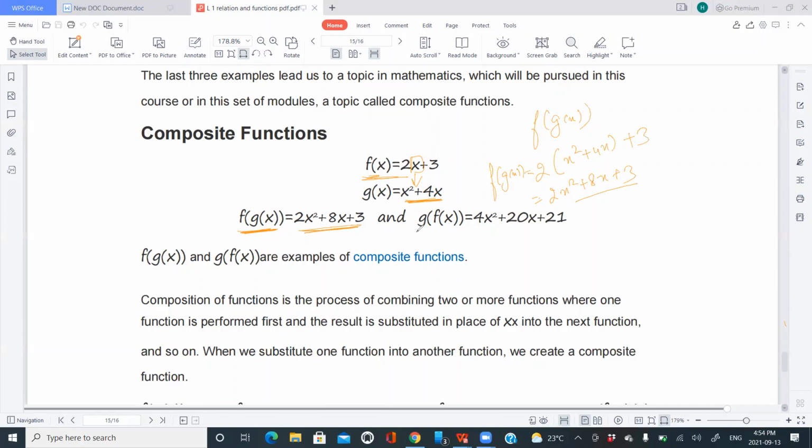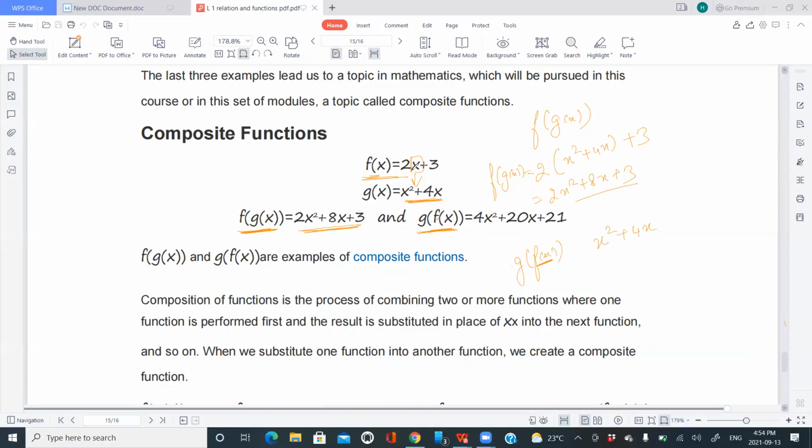But if we find g of f(x), now it's the reverse. Before, in this question, we plugged the g function into the f function. But now we will plug the f function into the g function. What is the g function? It's x square plus 4x. Because I am going to find g of f(x), this f(x) I will plug into g.